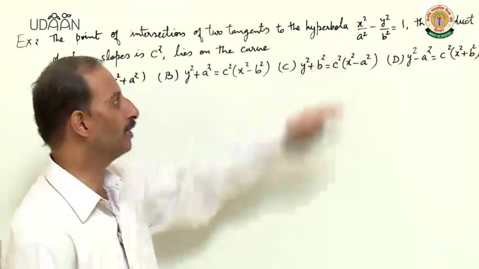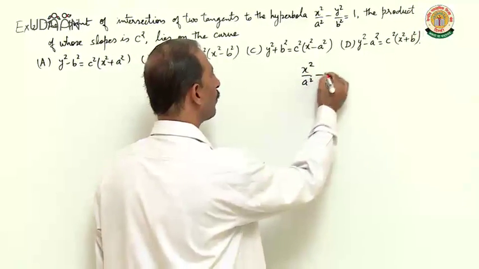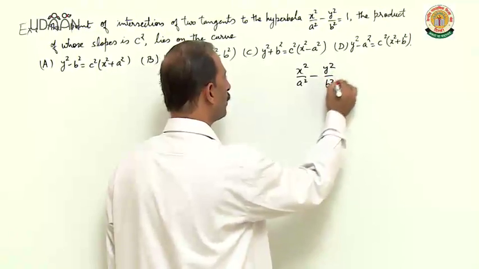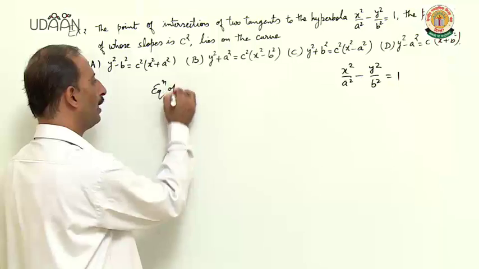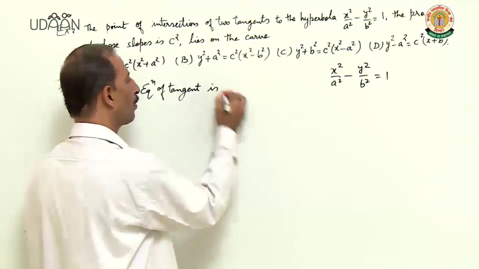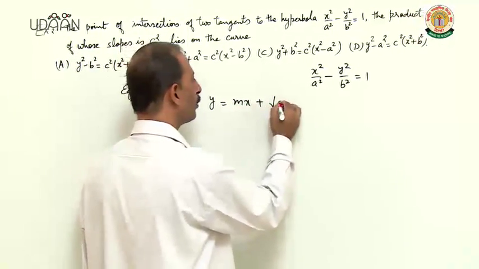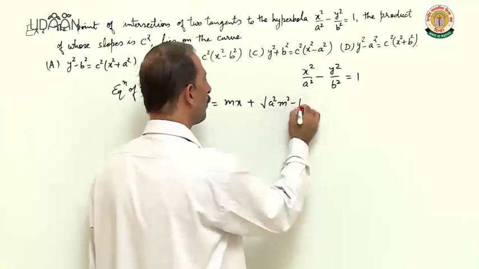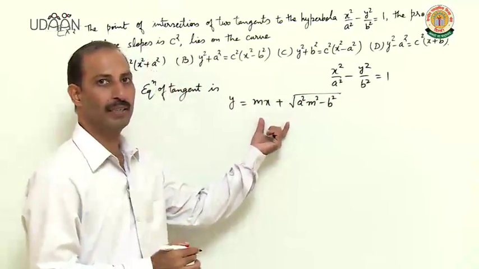So you know children, if equation of hyperbola is x square upon a square minus y square upon b square is equal to 1, then equation of tangent in slope form is y is equal to mx plus minus root of a square m square minus b square. That is known as equation of tangent.